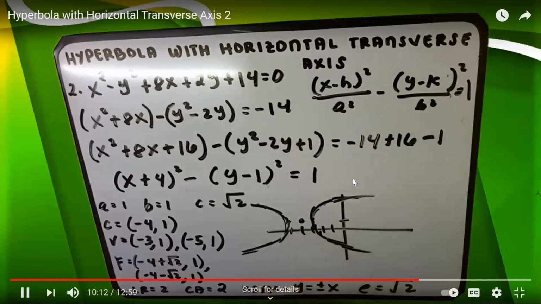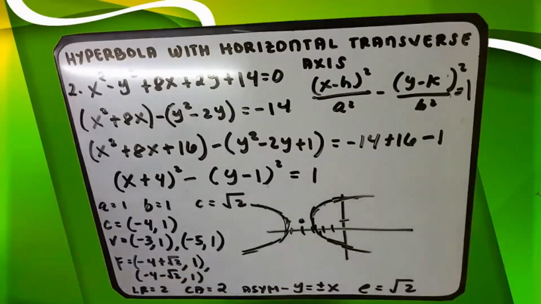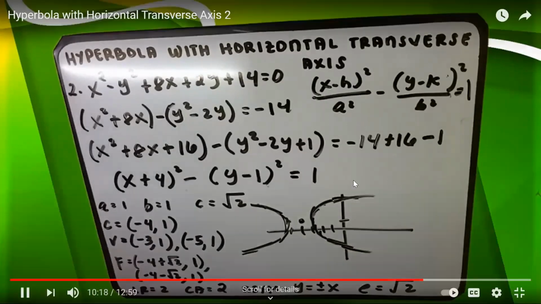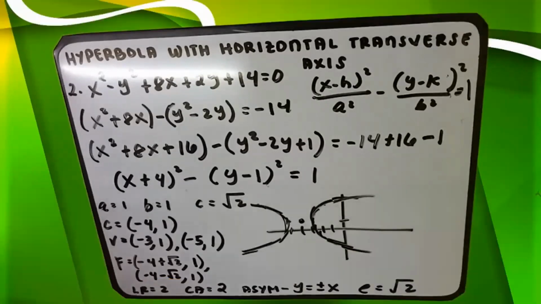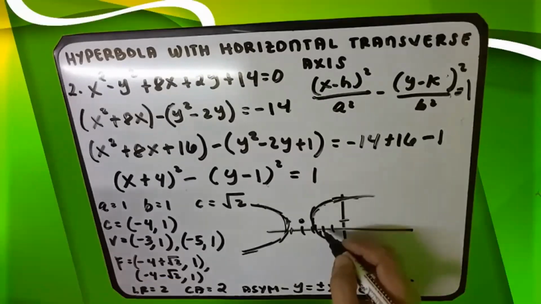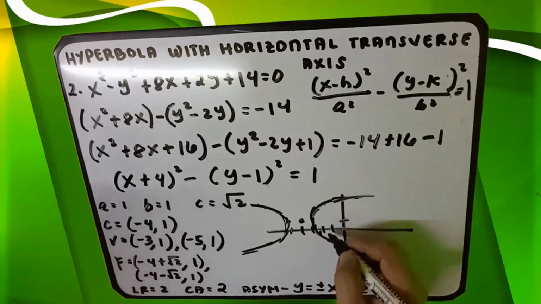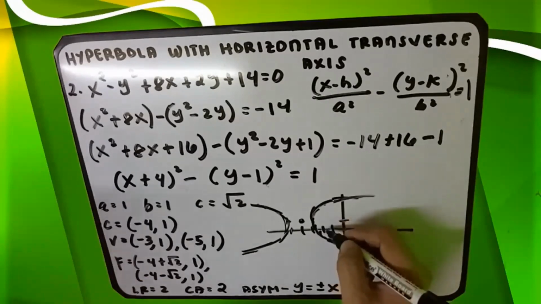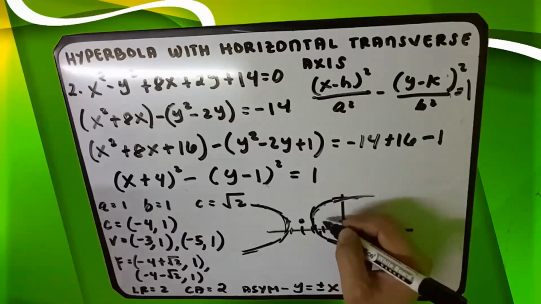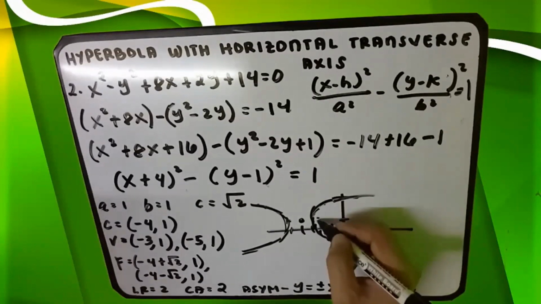And then ang foci, so estimatedly negative 4 plus square root of 2. So that is negative 2.58, 1, and 2.51 dito.